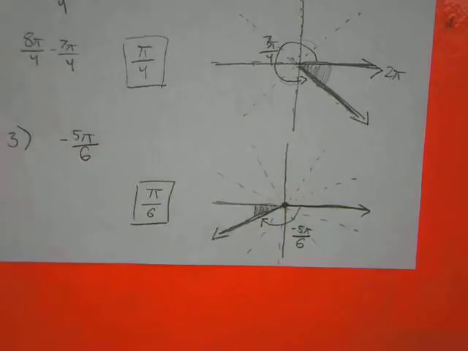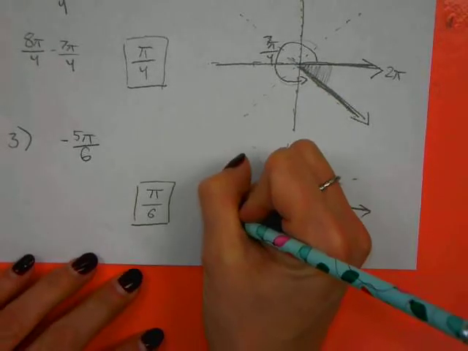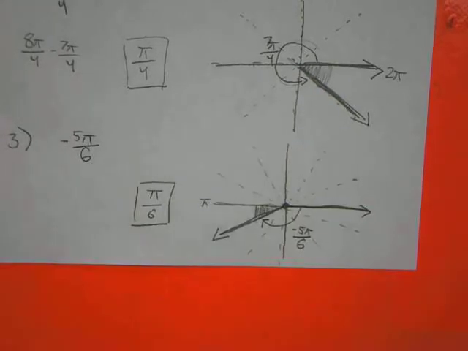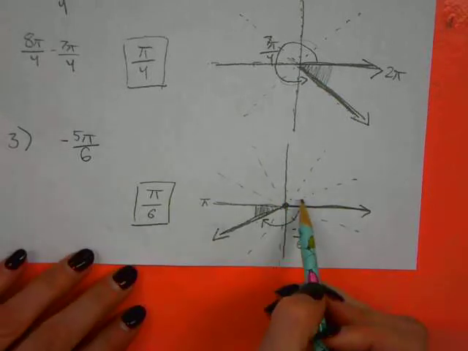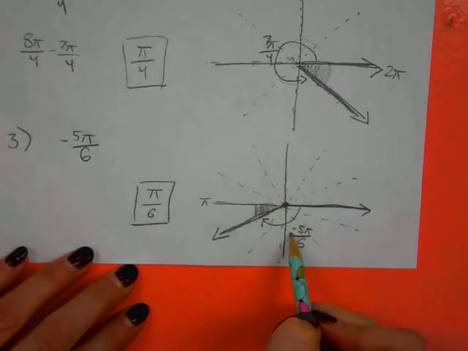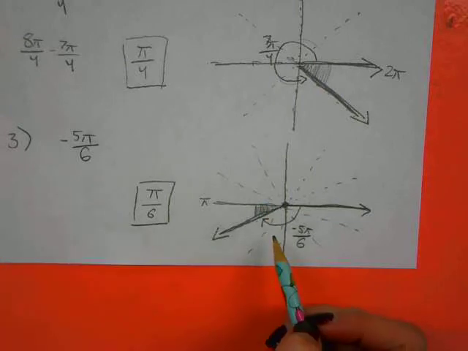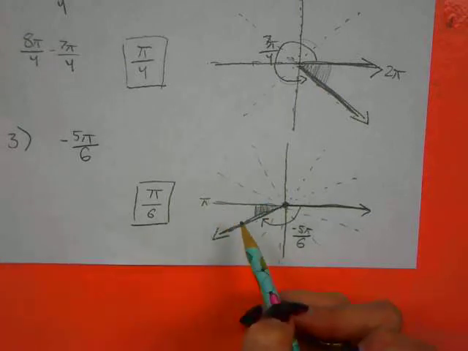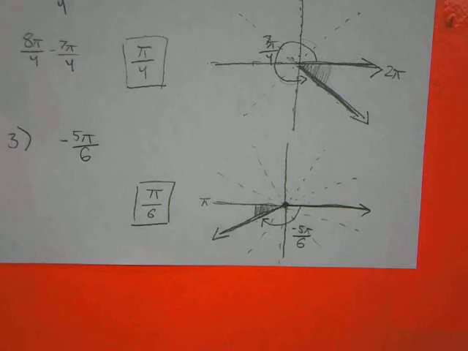So you can either just look and write it. Another way to think about it would be, if this is pi, that's with a common denominator the same as 6 pi over 6, either positive 6 pi over 6 or going backwards, negative pi over 6. The amount between 6 pi over 6 and 5 pi over 6 would be 1 pi over 6. So that would be my reference angle there.